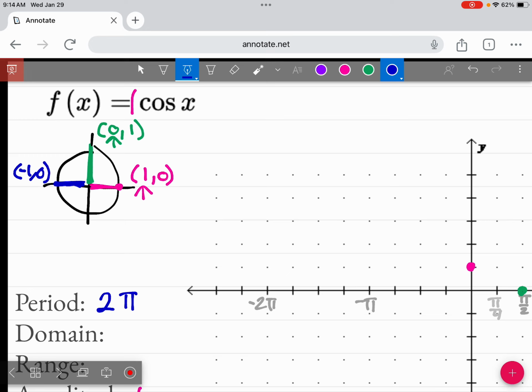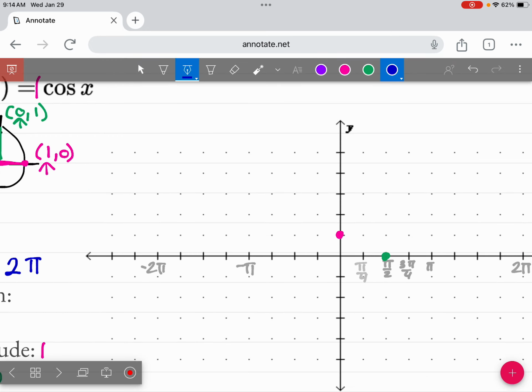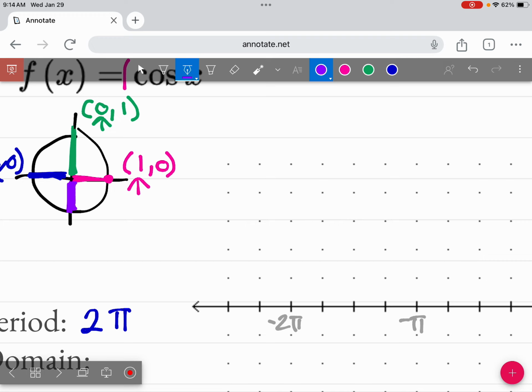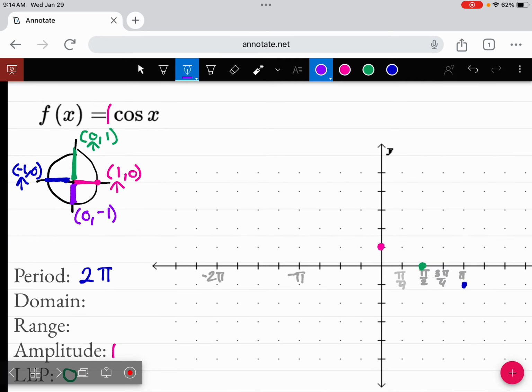So what's our cosine? Negative 1. So when we're at pi, we're at negative 1. One more quadrantal angle. What's our ordered pair for 3 pi over 2? 0, negative 1. So our cosine is 0.